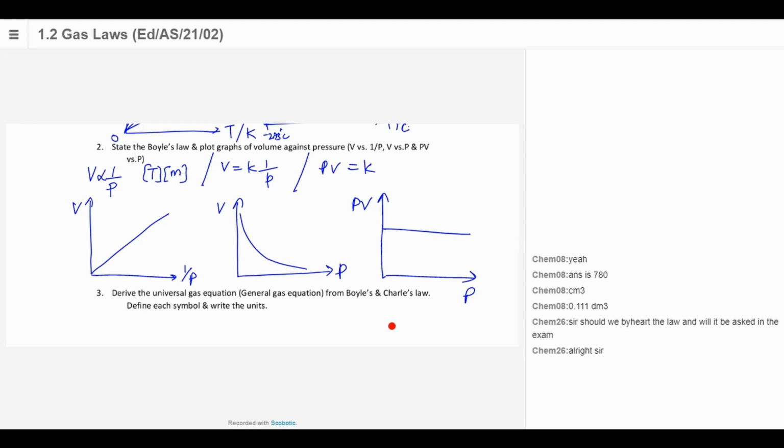If you increase the pressure, the volume decreases. If you decrease the volume, the pressure increases. That's inversely proportional. So always remember, the pressure times volume will be a constant.